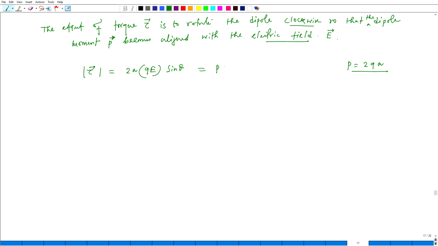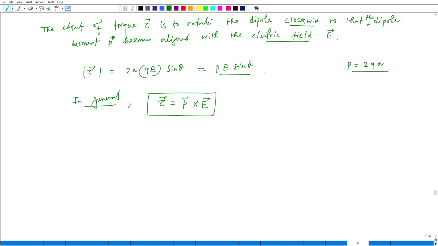So, tau equals P E sin theta. In general, the torque is the P vector cross E vector. This is the general expression of the torque when we place a dipole in an external uniform field.